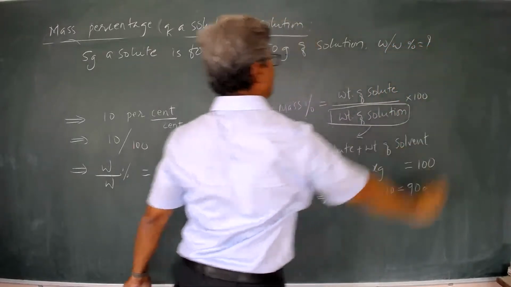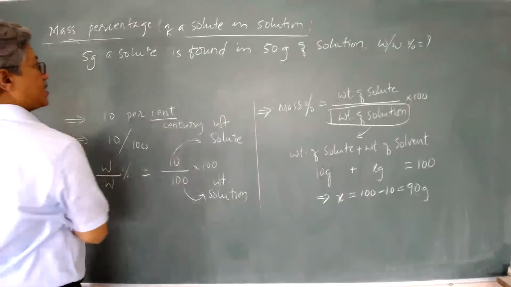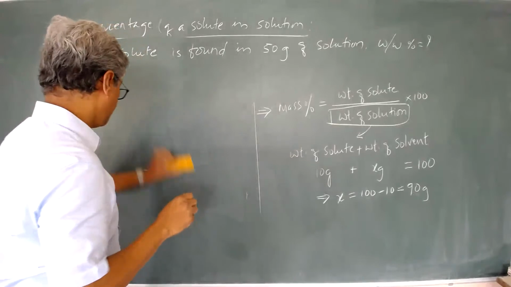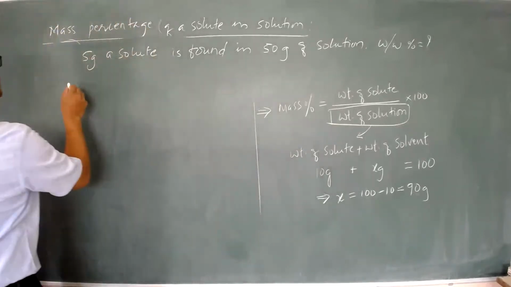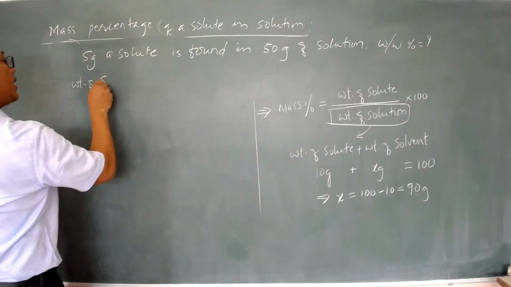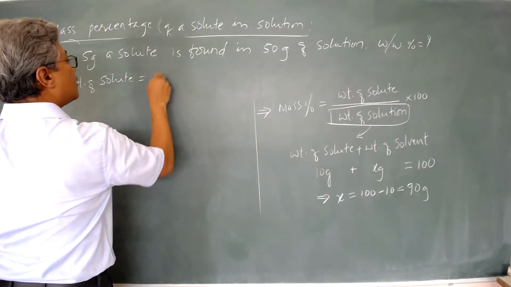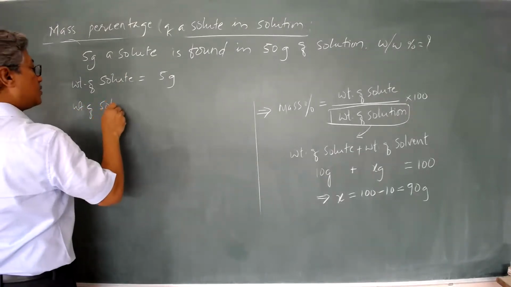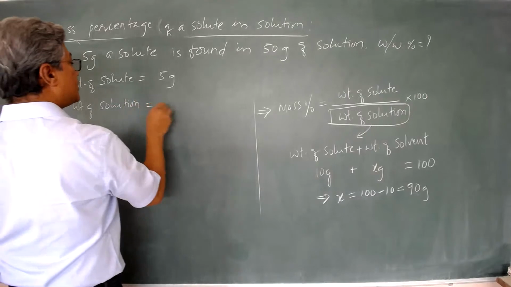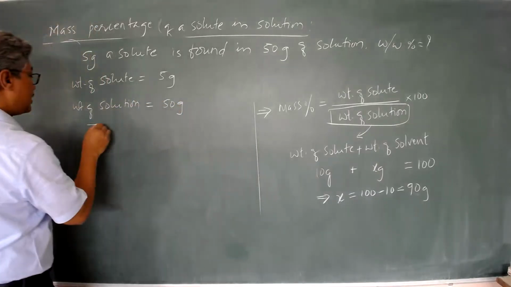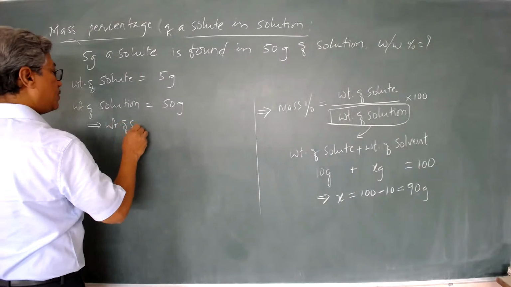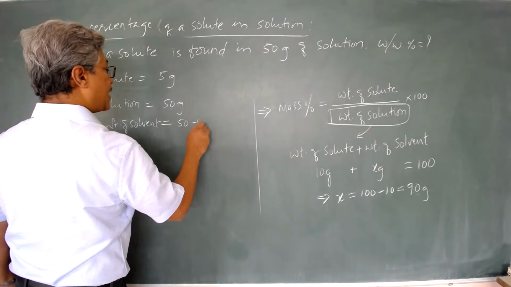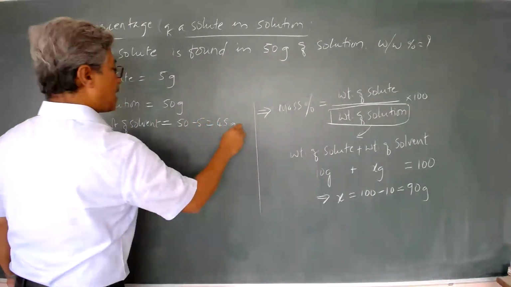Look at this. What is given? Weight of solute, 5 gram. Weight of solution is 50 gram. This implies the weight of solvent is 50 minus 5, which is 45 gram.